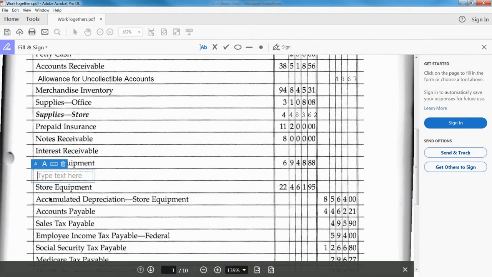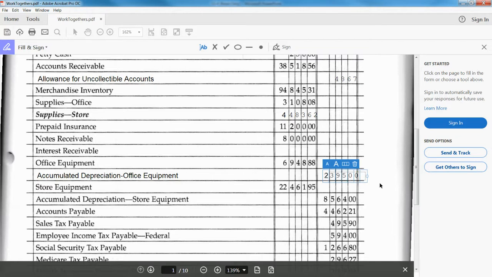And we have to put in the account title. So accumulated depreciation office equipment. And the balance was $2,395.